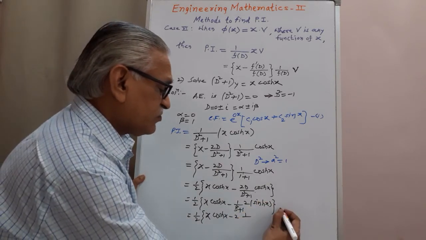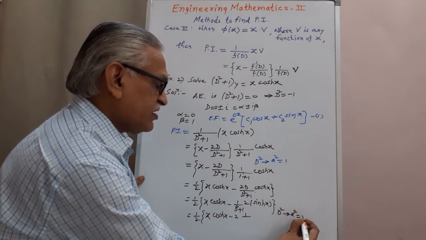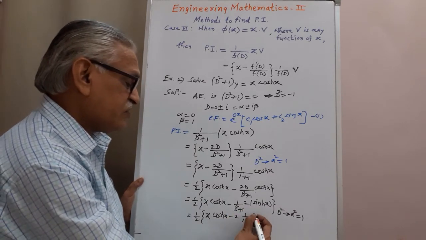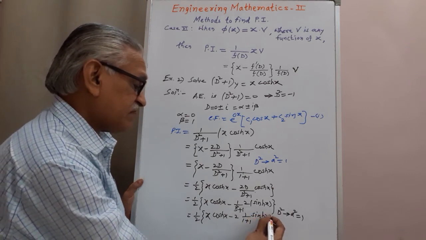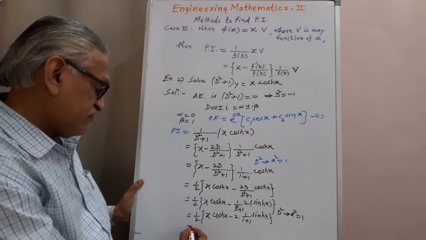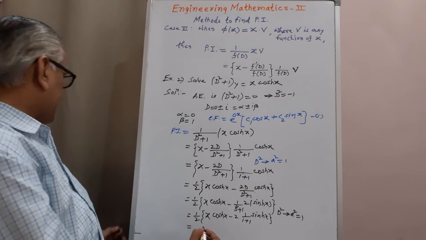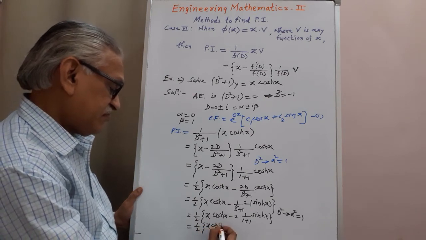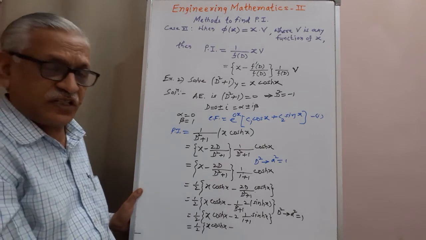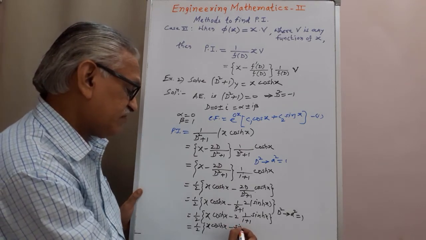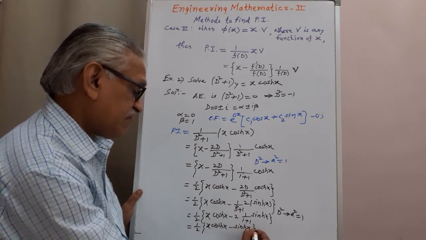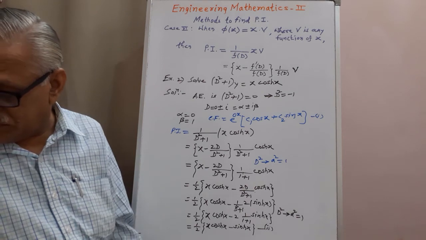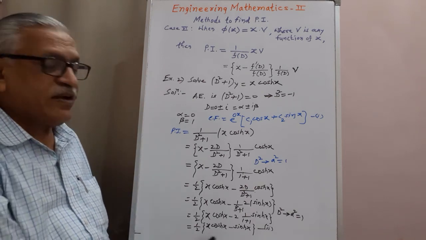We use the same rule, D square replaced by a square, which is 1, 1 square is 1, and therefore 1 plus 1 we get 2 into sin hx, and therefore we have 1 by 2 x cos hx as it is, minus 2 divided by 2 gets cancelled, we get sin hx only. Required PI, equation number 2.